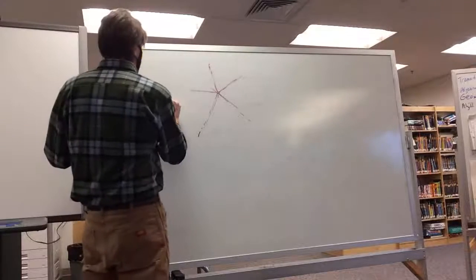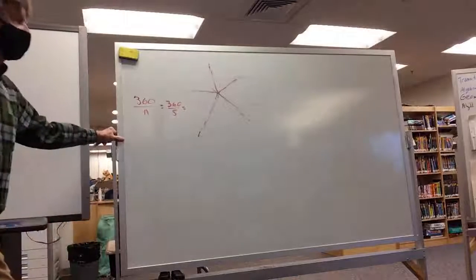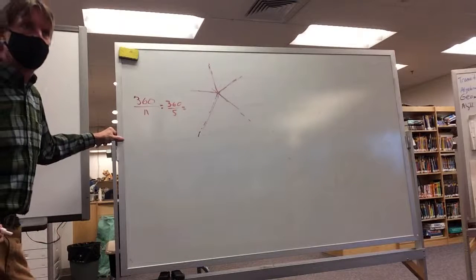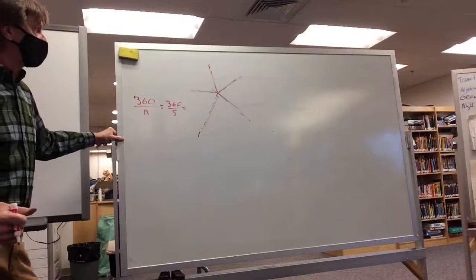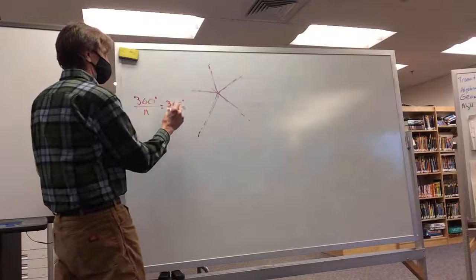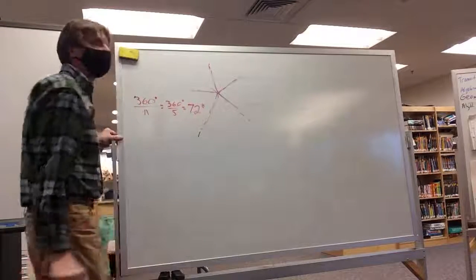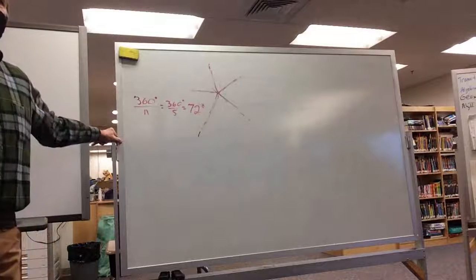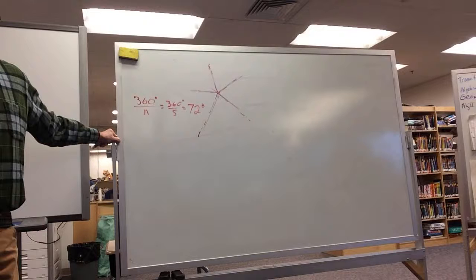So, in this case here, it's 360 divided by 5, which is how many degrees? So it has 5-fold symmetry of 72 degrees.